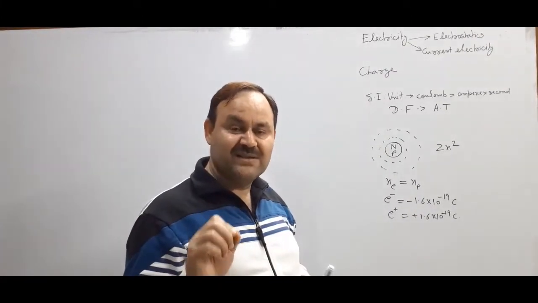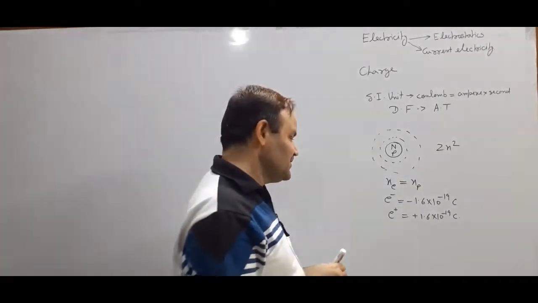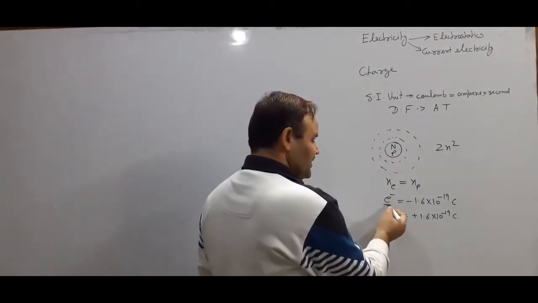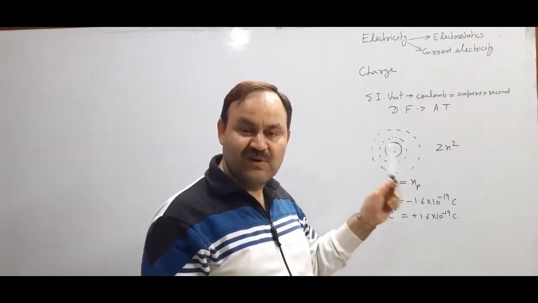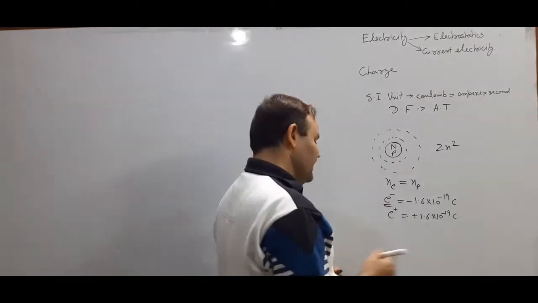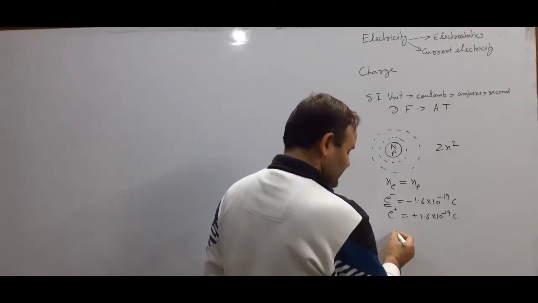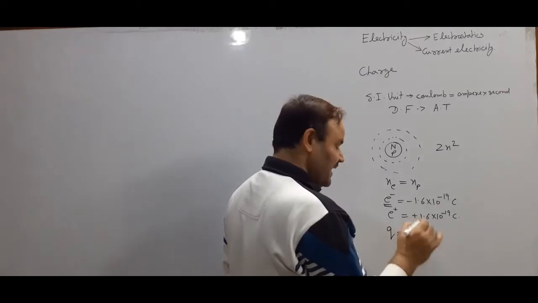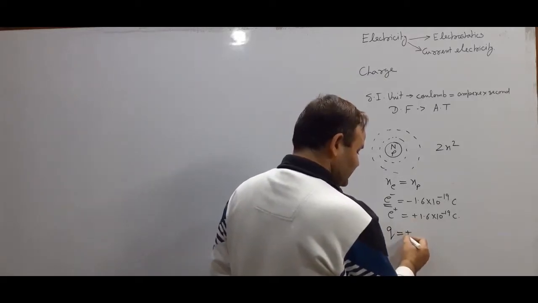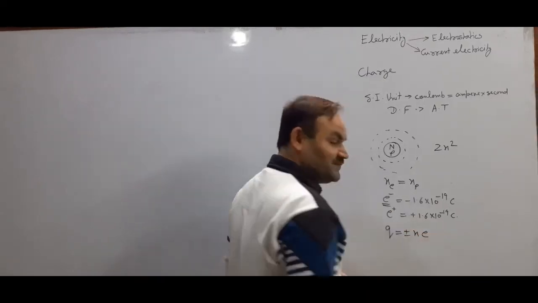Since electronic charge is the least possible charge, the number of electrons transferred from one body to another will always be an integer. That is, the charge on a body will always be an integral multiple of electronic charge.